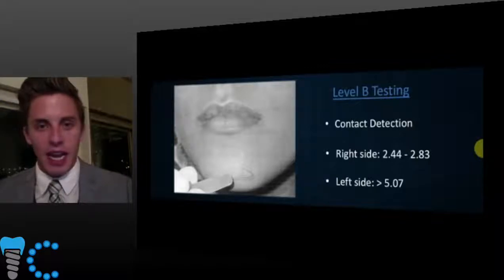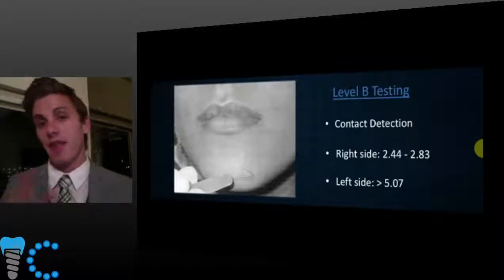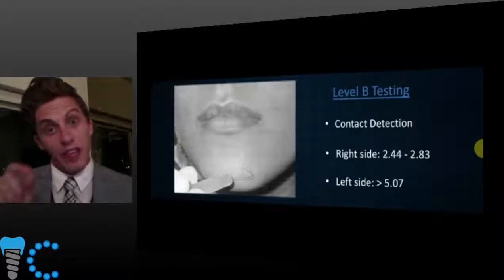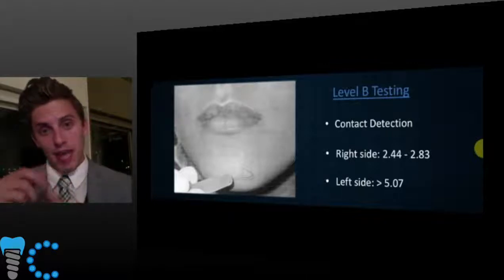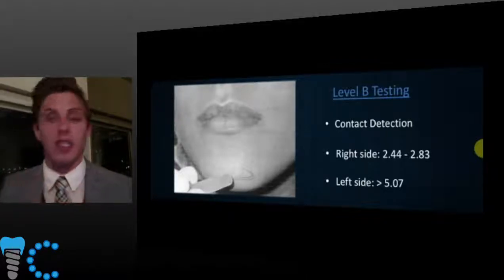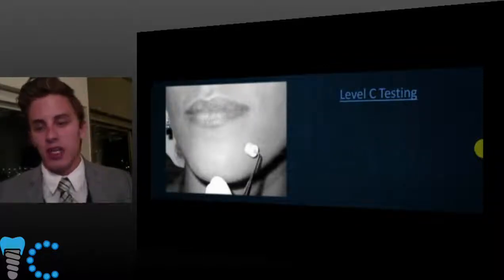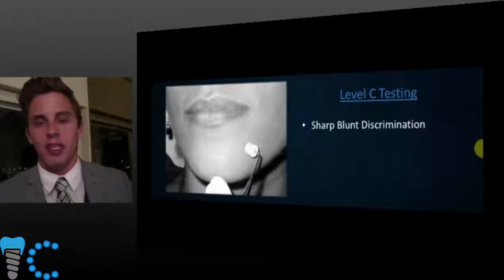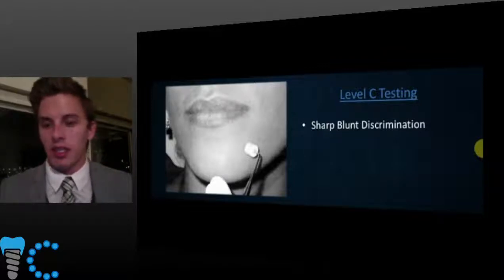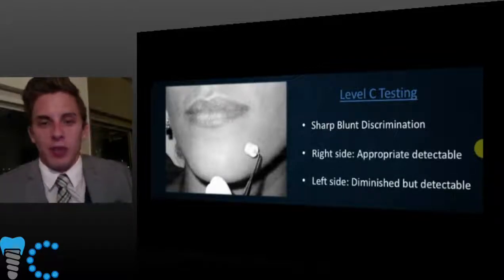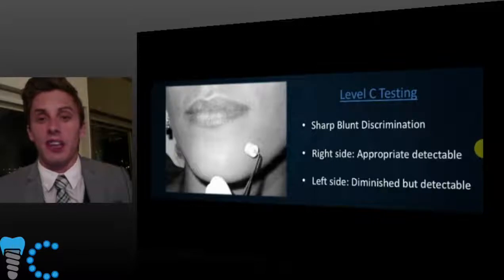Her left side, however, when we did the same filament testing, she required a thicker filament for it to bend so she could actually feel it as well. With level C testing, we did sharp discrimination. We did not do blunt. The right side was appropriately detectable, and then the left side was diminished.